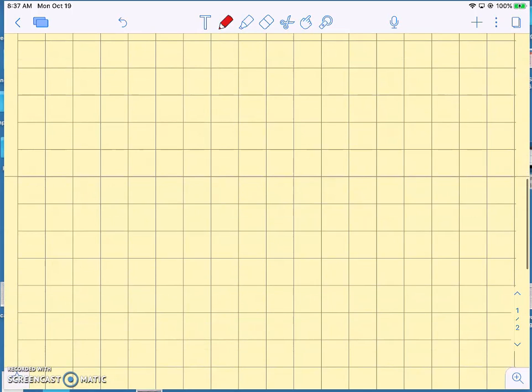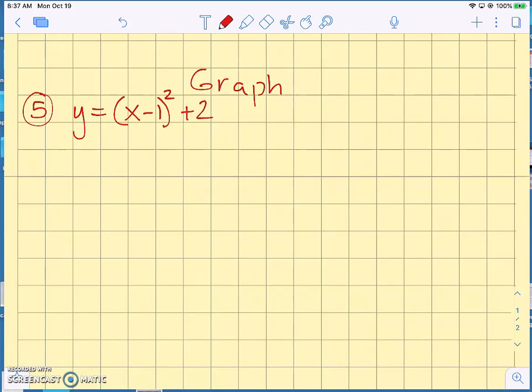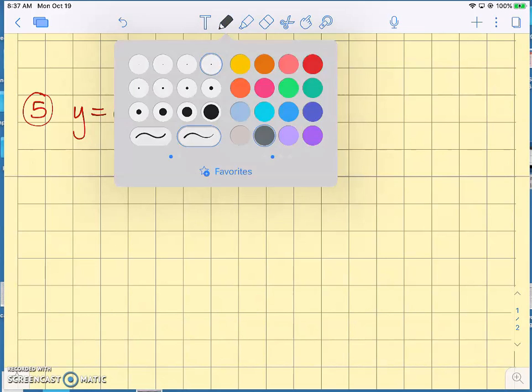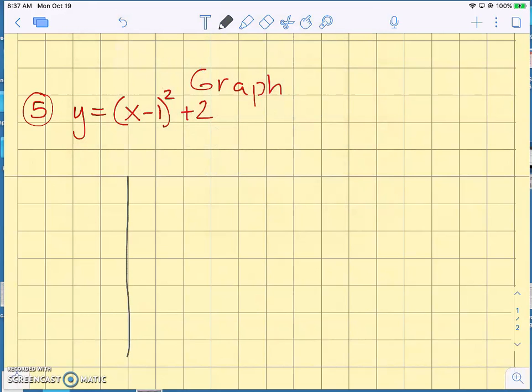Now, let's take a look at how to graph from vertex form. Let's say I ask you to graph y equals (x minus 1) squared plus 2. So let's make a graph here, and I'm also going to make an xy table, similar to what we did in standard form.